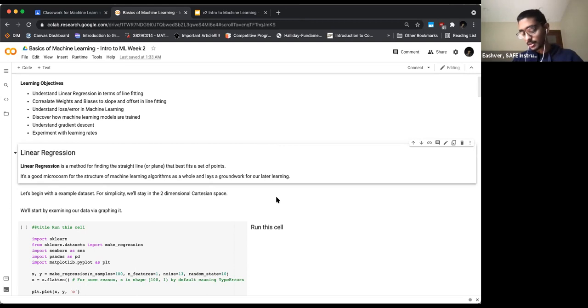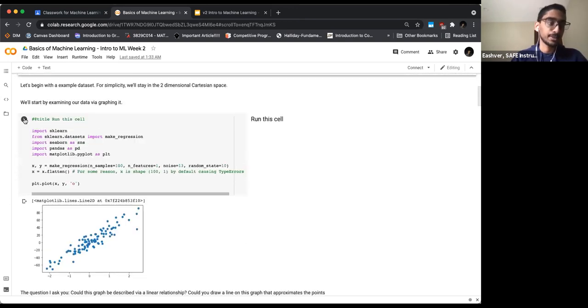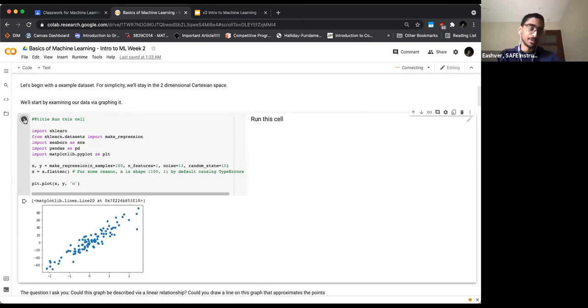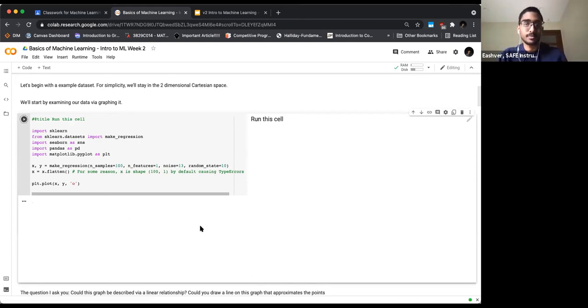And it's a good baseline model to understand how machine learning as a whole works. And so we can start with an example data set, and it'll be in the 2D space. So okay, I already ran this, but you can run it for yourself.